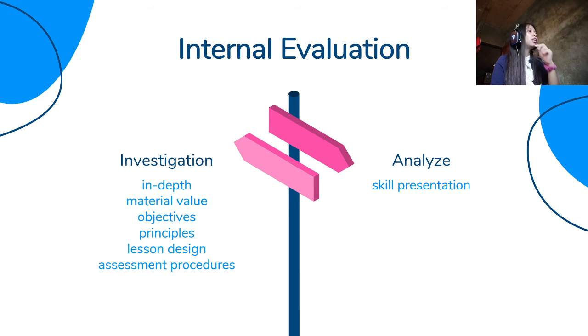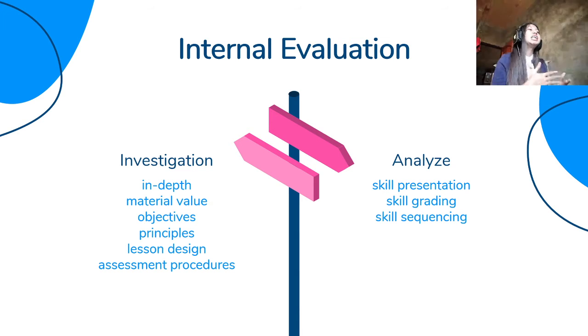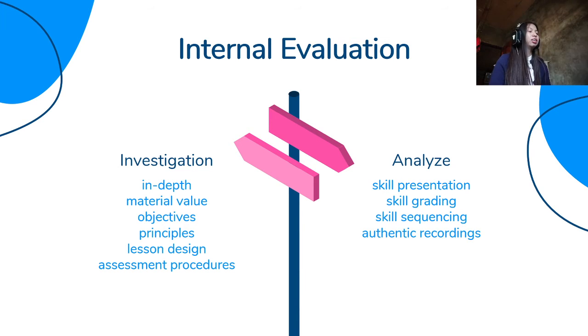What should be analyzed in internal evaluation is how the skills are presented, how the skills are graded, how the skills are organized or sequenced. And also, for those instructional materials that are audio related, are the recordings authentic? Or are the dialogues artificial?